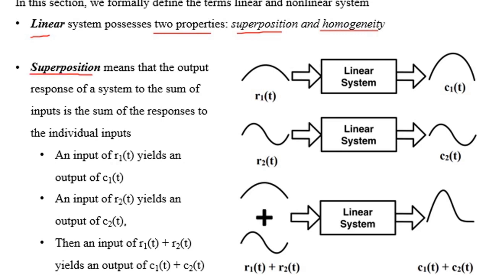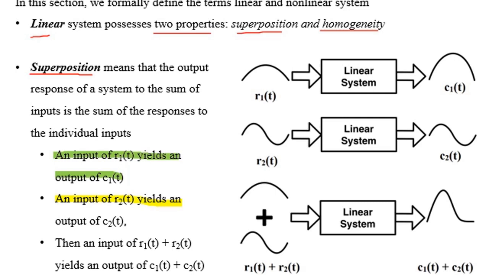The property of superposition says that if we have a linear system and we apply various inputs, let's say first we apply input R1 of t, for which the system yields an output of C1 of t. Then we apply an input R2 of t, and for this the system gives an output of C2 of t.